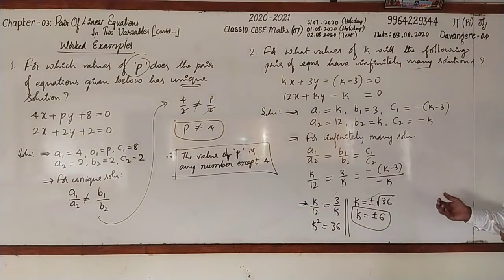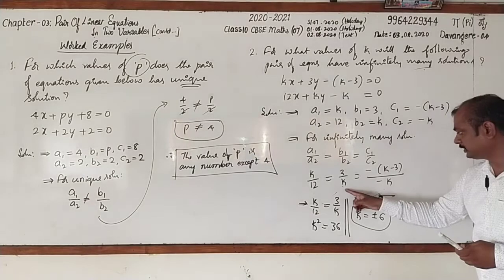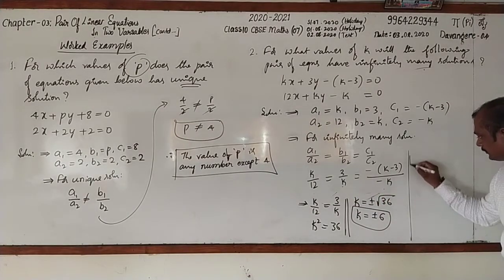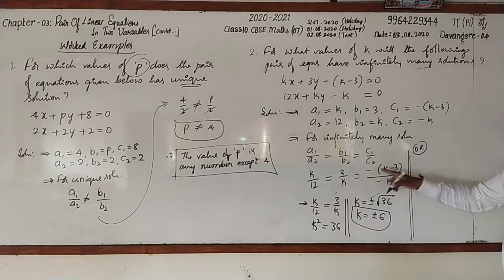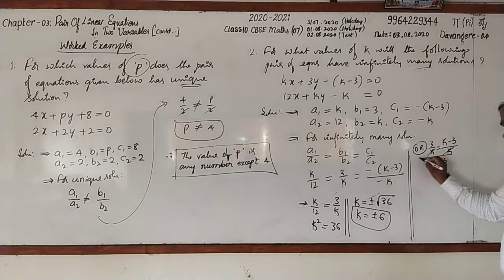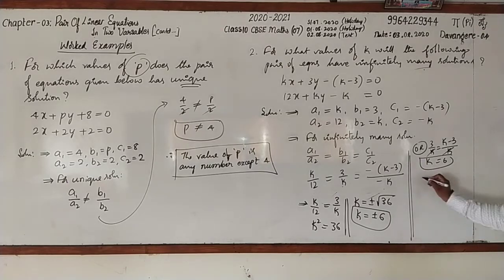Then is there any other possibilities? Observe. When you take the next two also, look here. Next two, here I'll write 3 by k is equal to, here minus minus get cancelled, k minus 3 by k. K get cancelled, k equal to 6. Already we have got.